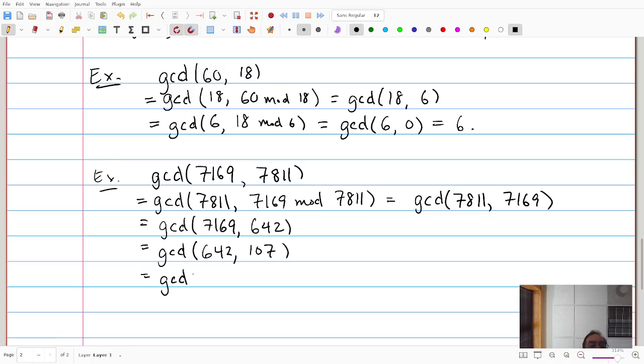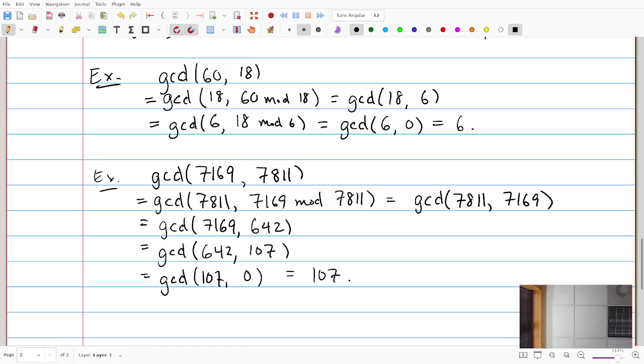So this is equal to GCD of 107, and 642 is exactly 6 times 107. Yeah, 6 times 7 is 42, 6 times 100. So the remainder is going to be 0. So now we see that the GCD is actually 107.